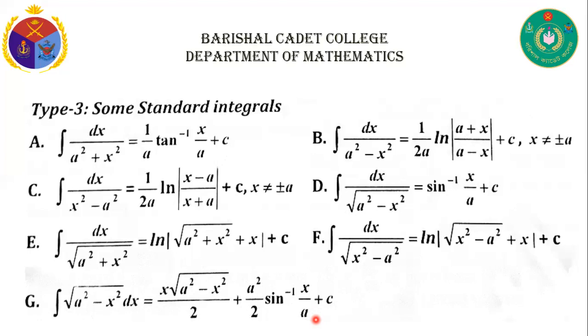And the last one, the G formula, is really important for your last section, the area section. Now we're going to solve some problems using these formulas and previous formulas.